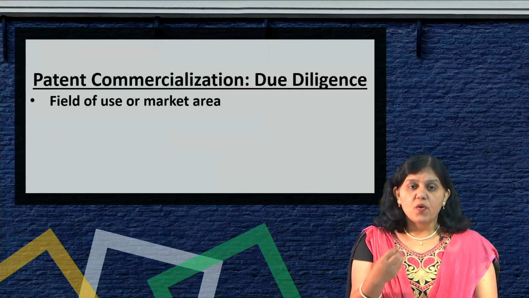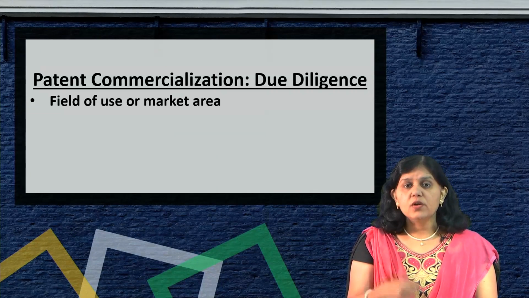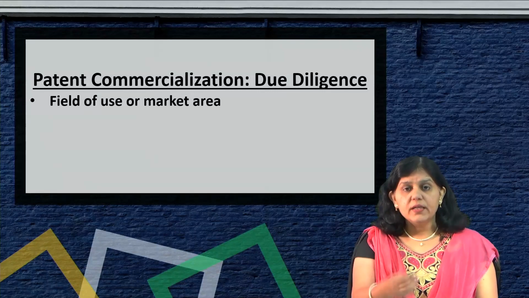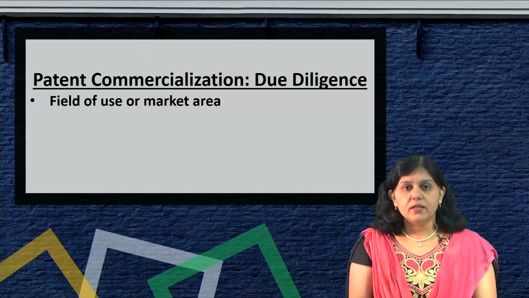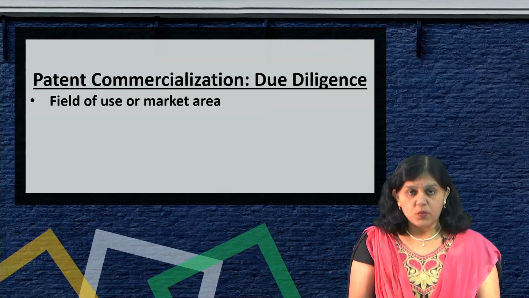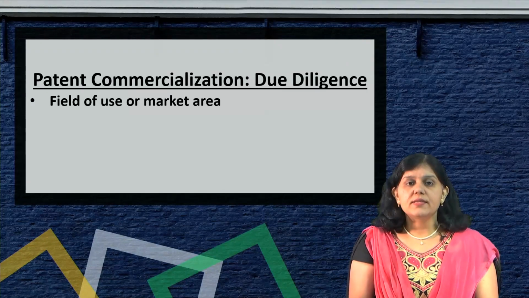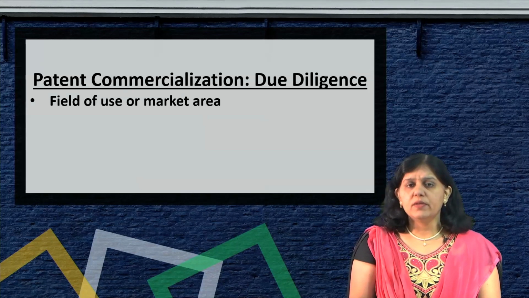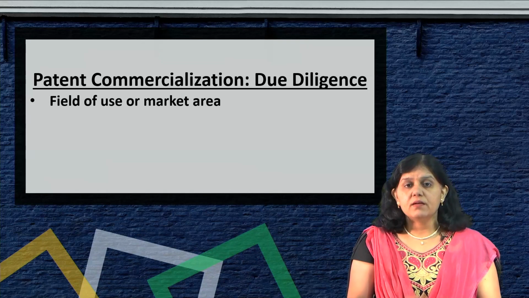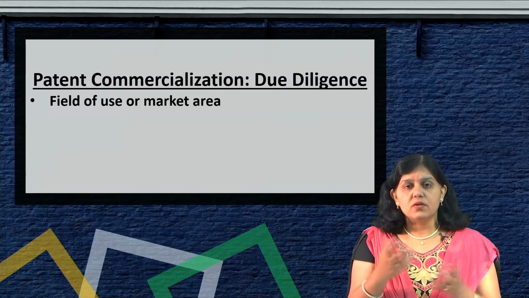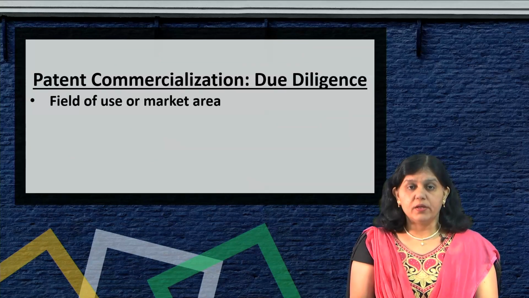So, the first important thing is the market. Now, you have to identify the market within the country or outside the country. If you want to explore any other countries in the world, then you have to decide where your product will be, where the market is, where you can do the successful commercialization of that particular product.